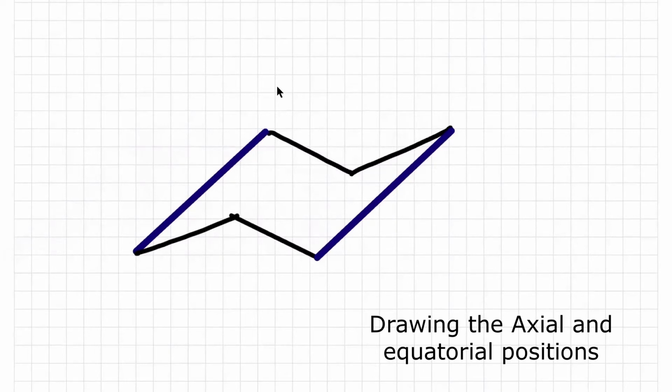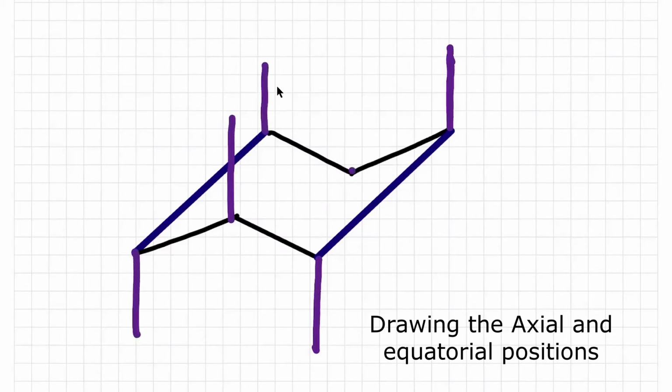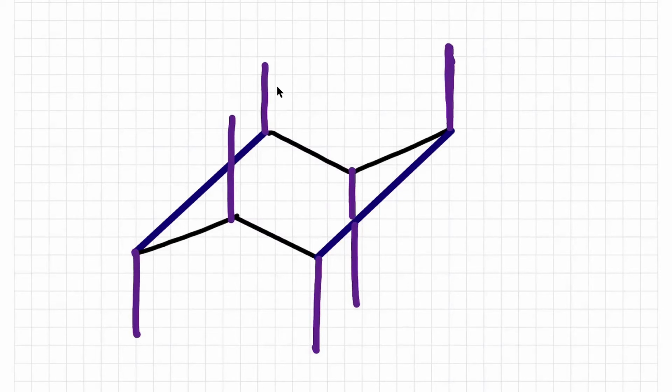First, let me do all my axial positions in purple. So we have 1, 2, 3, 4, 5, and 6. Remember, guys, it's all about alternating. Again, if you start with the axial that is up, the next one will be down, okay?